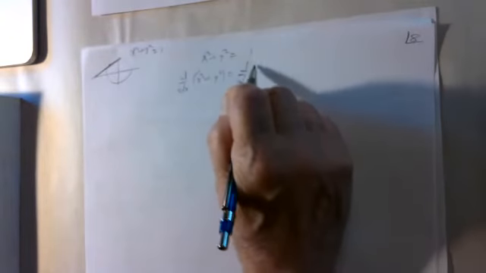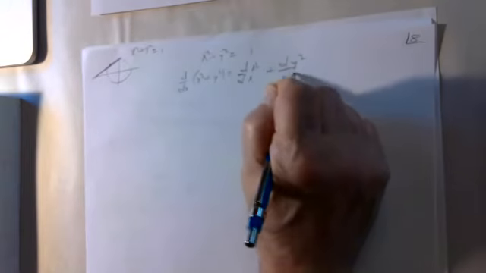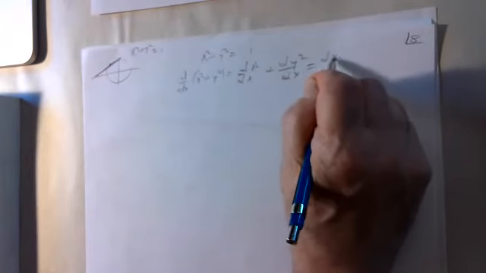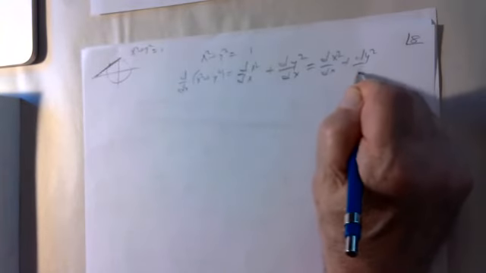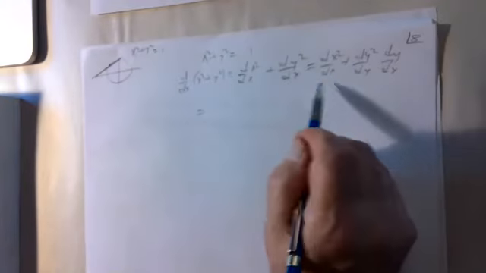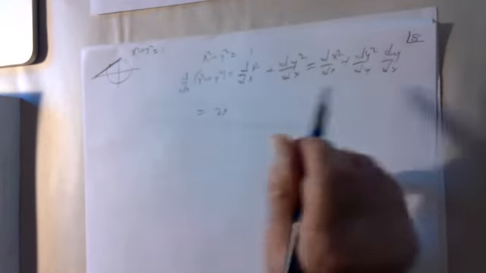So we have x squared plus y squared equals 1. If we differentiate with respect to x, that's the derivative of x squared with respect to x plus the derivative of y squared with respect to y times dy/dx. The derivative of x squared with respect to x is 2x.